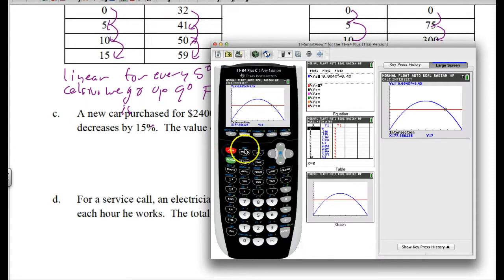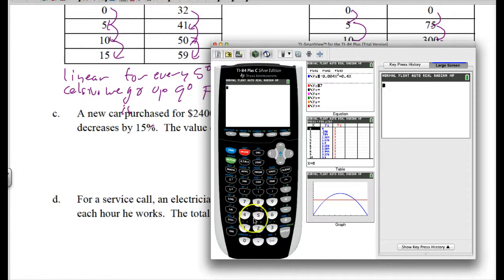It's $24,000 times 0.15, so it will decrease by 3,600, which means that it's now worth 24,000 minus 3,600, which is 20,400, times 0.15.